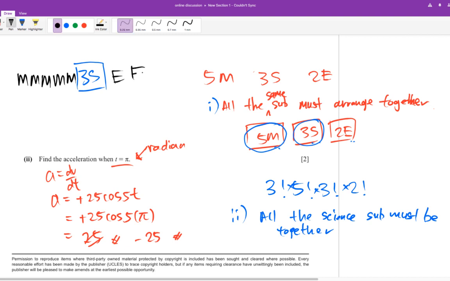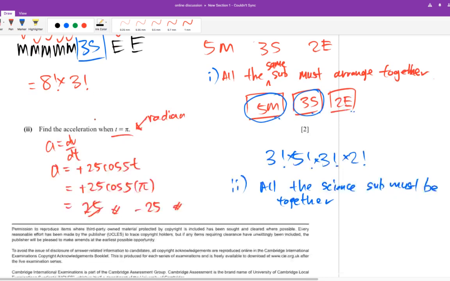So I count how many books I have: 1, 2, 3, 4, 5, 6, 7, 8. 8 factorial because I want to arrange 8 books here. But the science books, just now I counted them as 1, but you have 3 science books, so you can still swap place among themselves. So it will be 3 factorial. You multiply them. Then this one is the answer for part 2. I hope you can understand this one.